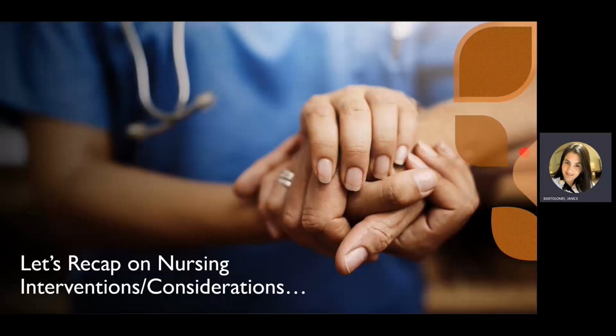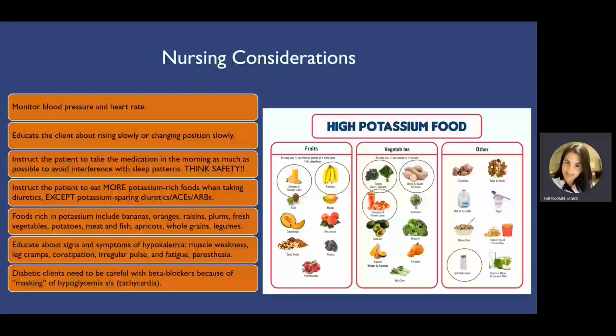Okay. Now let's talk about nursing considerations in general for all antihypertensive medications. Let's start with, you gotta teach the clients to monitor their blood pressure as well as their heart rate if it's applicable, like in beta blockers. You want to make sure that you teach them about safety.